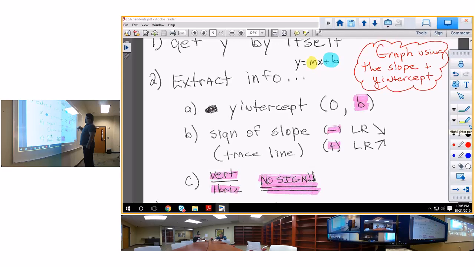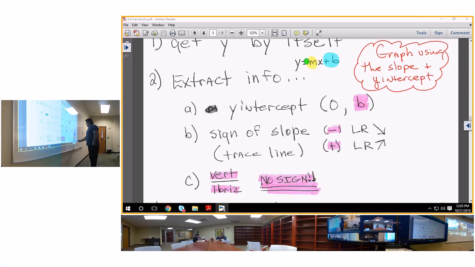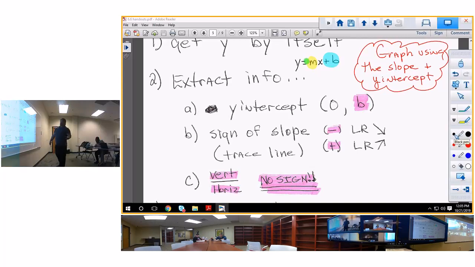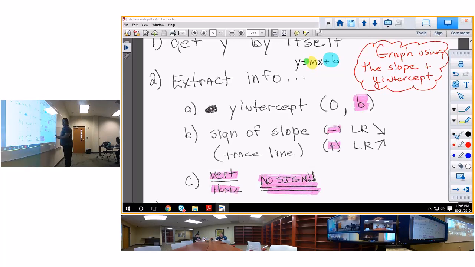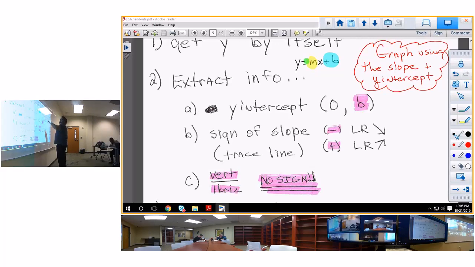And in front of the slope is the sign. The sign says left to right up or left to right down, because it's positive or negative. And that's where you get this information right here. So your y-intercept is the first thing you get. That's going to be 0, comma, b.